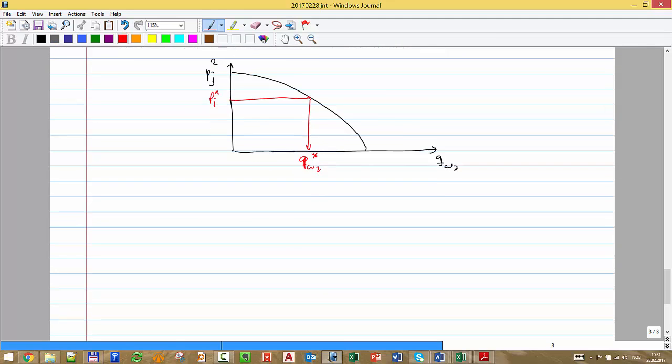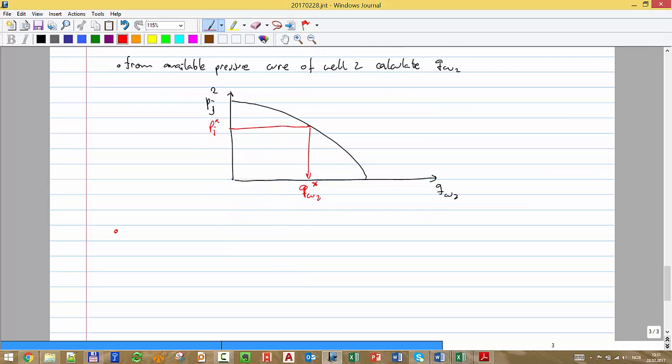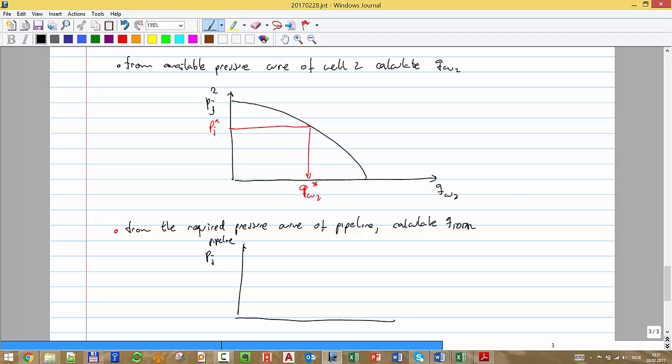And then, from the required pressure curve of the pipeline, calculate Q total. Again I have PJ seen from the pipeline, and it does something like that. So I go with my PJ star down and I read Q total star.